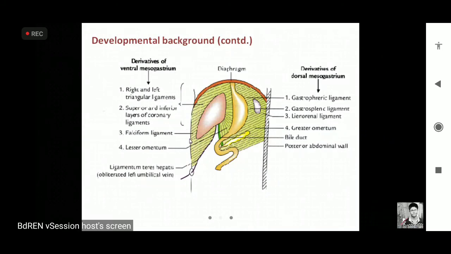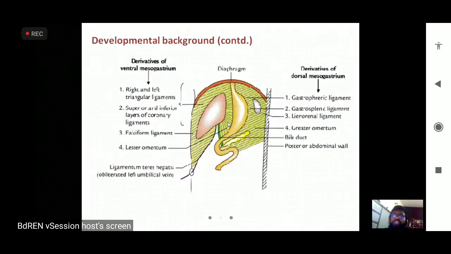Then the falciform ligament itself, why it is sickle shaped, that's why it is called falciform, which attaches the anterior border of the liver, the anterior superior border of the liver surface, to the anterior abdominal wall, and the lesser omentum. We must not forget about this one, the lesser omentum.